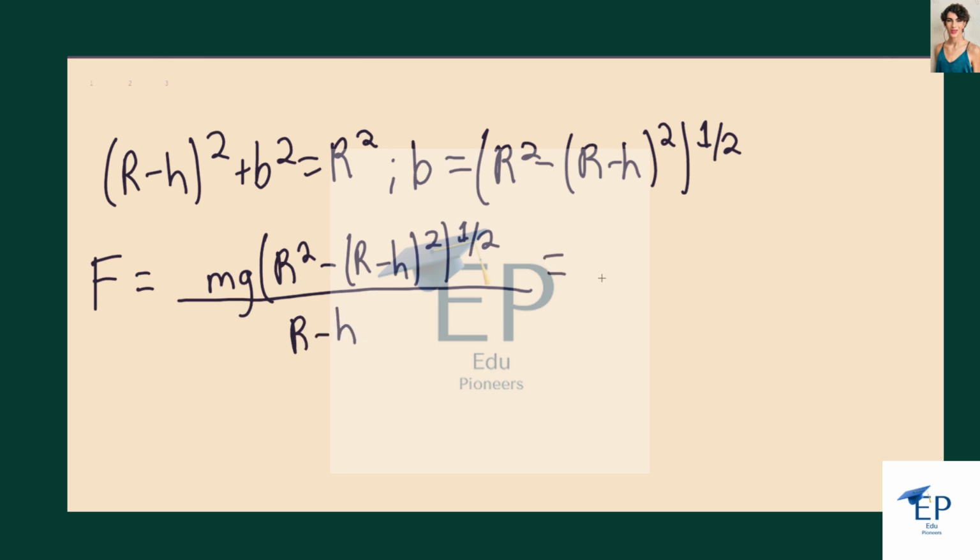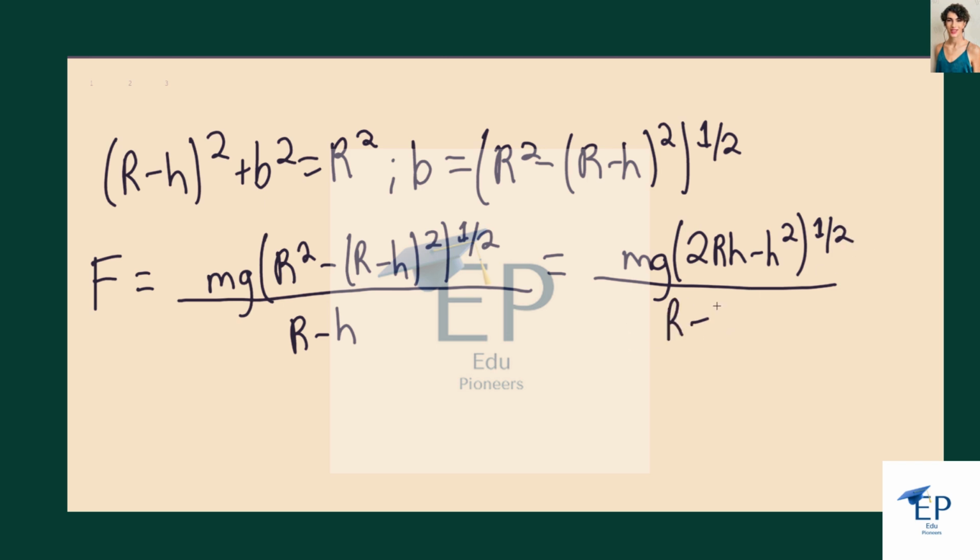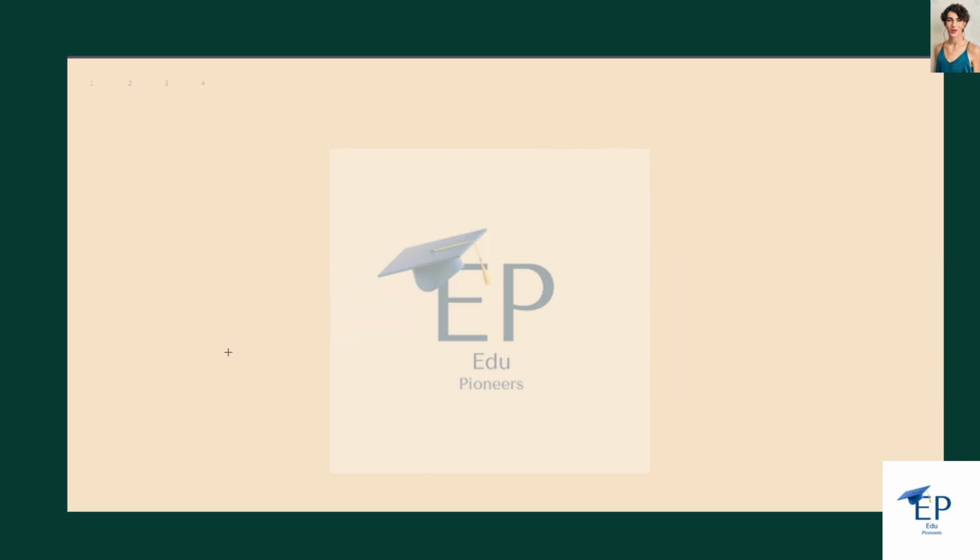This is simply equal to mg times (2Rh minus h squared) to the 1/2 power divided by (R minus h). This is for the center of the wheel, so this would be the magnitude of the force given that you're applying it at the center of the wheel.